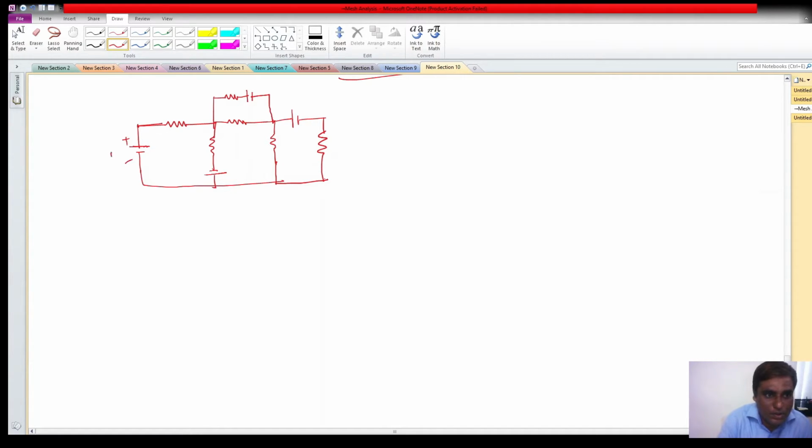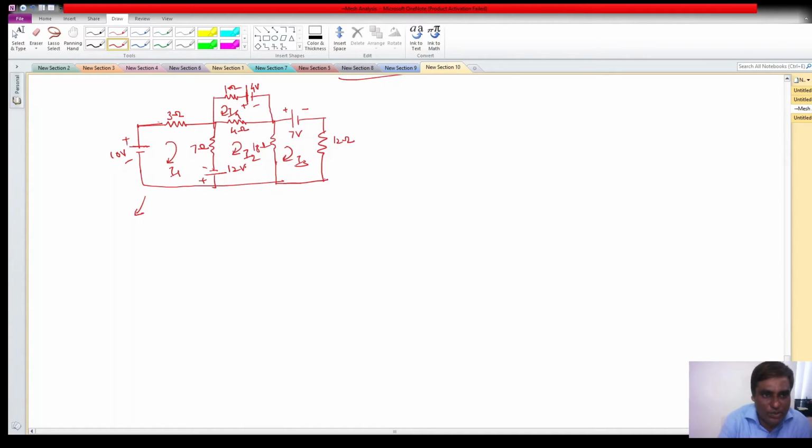Suppose this is 10 volt, this is 3 ohm, this is 7 ohm, this is 4 ohm, this is 1 ohm with a battery of 4 volt, this is 18 ohm, this is plus minus, let's say 7 volt, and this is 12 ohm, and again one more battery element, and another 12 ohm. This is planar, so you can assign mesh current 1, mesh current 2, mesh current 3, mesh current 4, and from that you can directly write the equations.